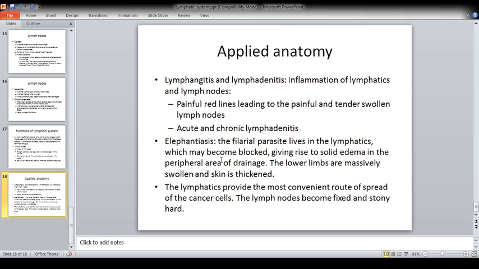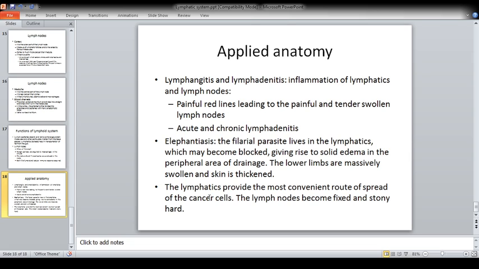The lower limbs are massively swollen and the skin is thickened in this condition, in elephantiasis. So lower limbs, scrotal region or the upper limbs, mostly lower limbs are involved, and now you have to look at a picture of elephantiasis and let me know in the group how you felt. Okay, so the skin gets thickened, solid edema occurs, there is enlargement in size of the organ.